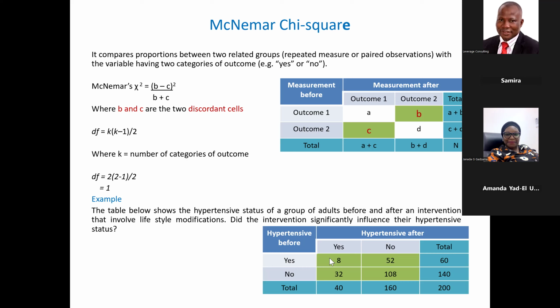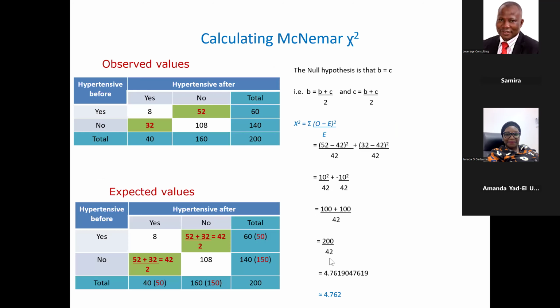So we said 52 moved from hypertensive to non-hypertensive, 32 moved from non-hypertensive to hypertensive. They are the discordant. And in McNemar and McNemar-Bowker, it's the discordant you are looking at. It's the discordant you are actually using to calculate. So at least you have understood the meaning of discordance and concordance.